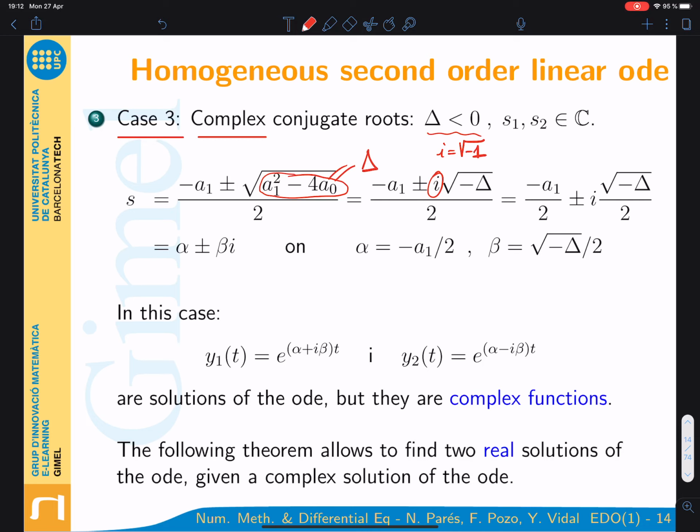So that's why I'm writing here minus nabla, because now minus nabla is a positive number. And I'm just taking outside here i, which is the square root of minus 1. So at the end, what I get is two conjugate roots, which look like this. Alpha is the real part of the complex number, and beta is the imaginary part of the complex number.